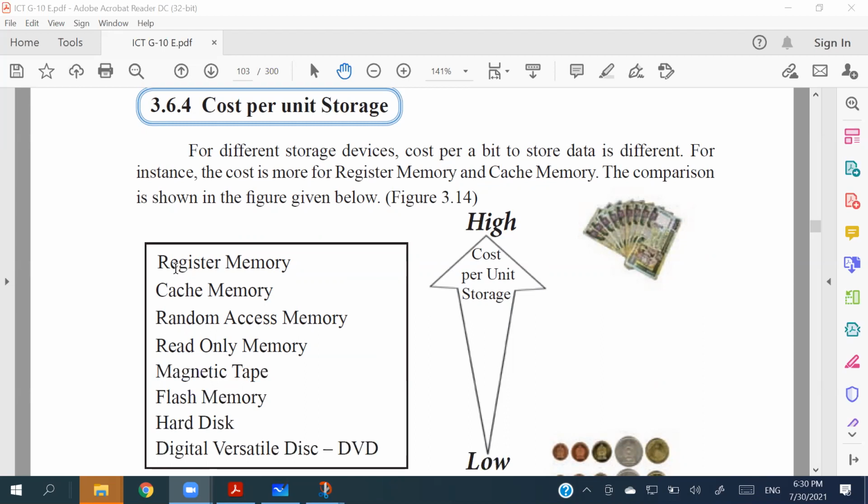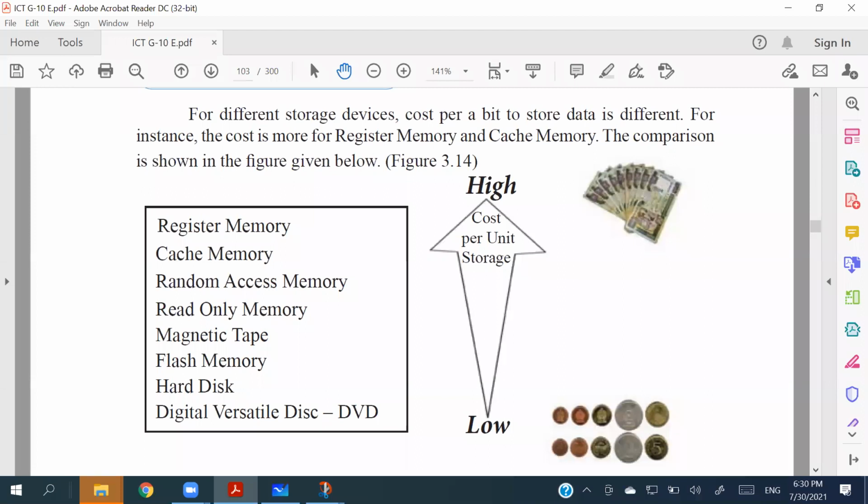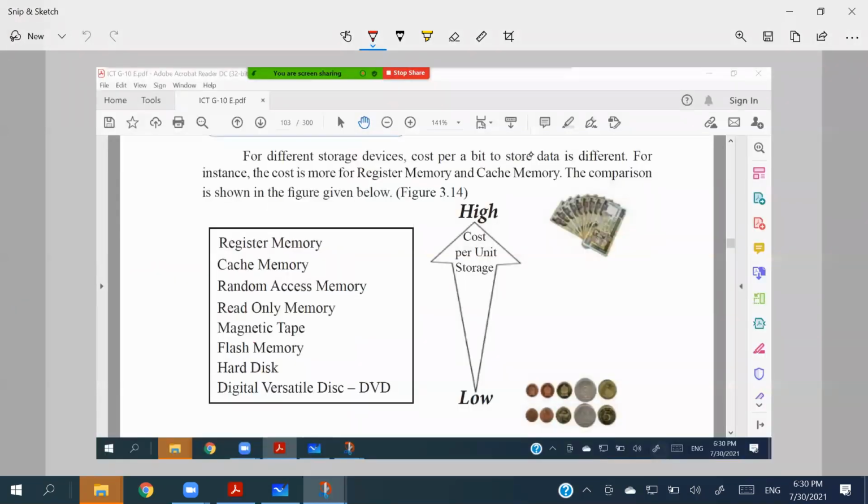A central processing unit may cost you like 30 to 40,000, right? So that's going to be a problem, since it is big money. Since the register memory's capacity comes in kilobytes, for some kilobytes you pay 40,000, or on average let's say 30,000 rupees, right? So that is for a kilobyte.